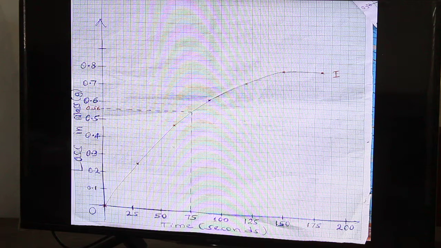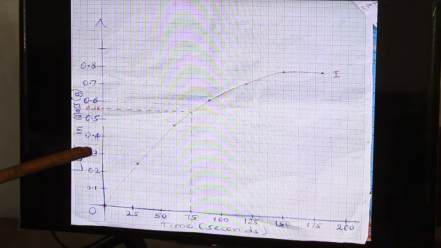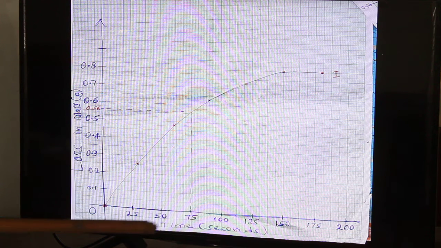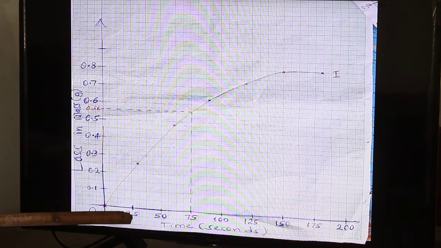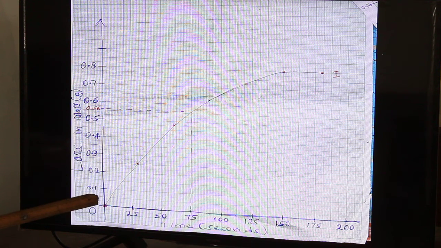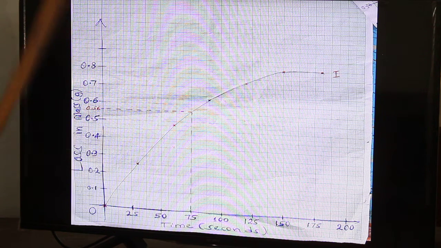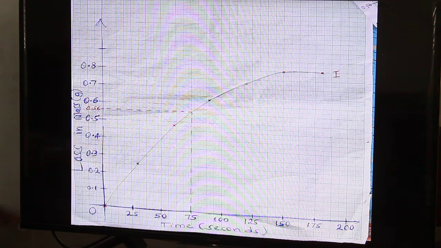If you plot the graph, we'll have 0, 0.1, 0.2, 0.3, 0.4, that way. Then on this side we'll have 0, 25, up to that. So the graph will appear in the shape that I have here. That is the graph of loss in mass against time.